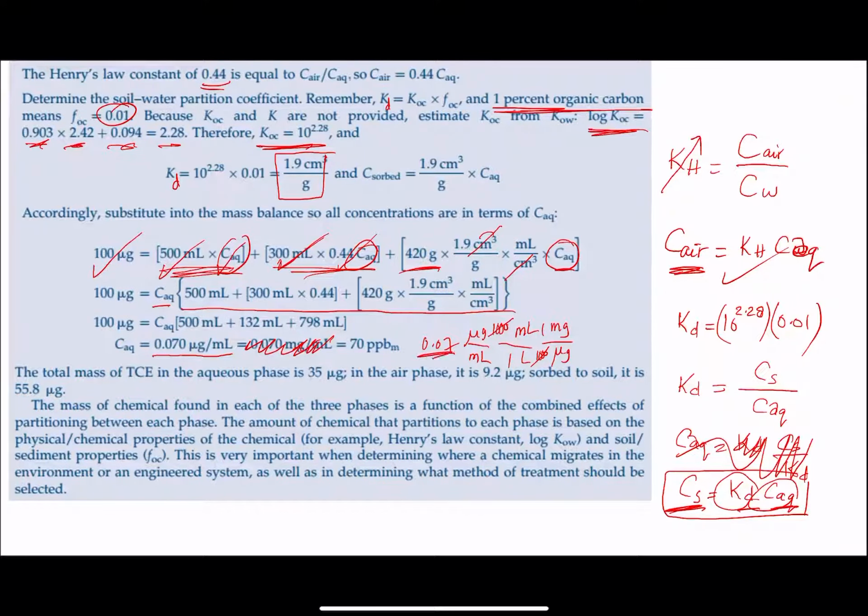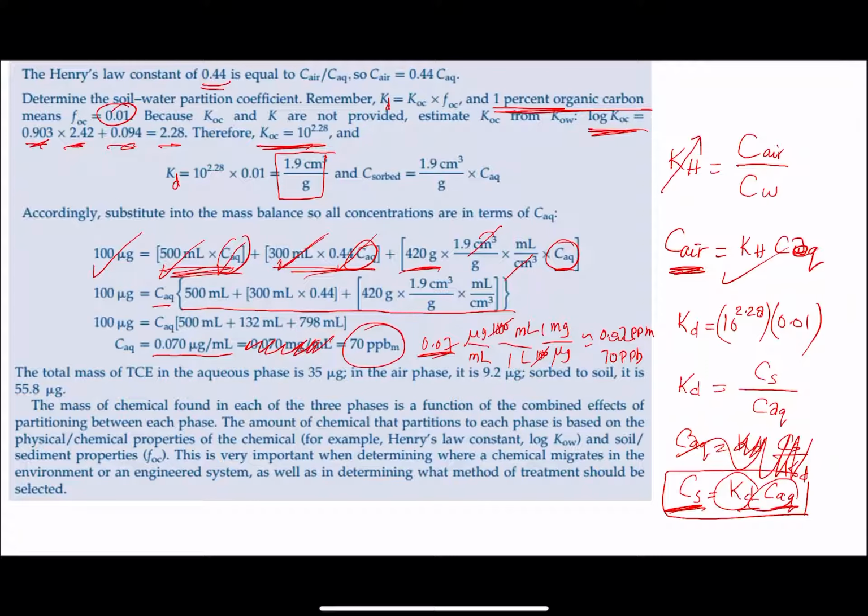So it's 0.07 milligram per liter, which means it's 0.07 ppm. Let's multiply by 1,000, so 70 parts per billion, by mass of course. So this is the concentration of the organic in the liquid.